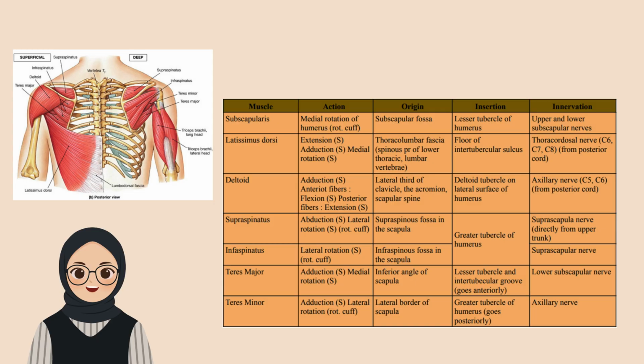And the last is teres minor. The action of the teres minor is adduction and lateral rotation. The origin is lateral border of scapula. The insertion is greater tubercle of humerus going posteriorly, and the innervation is axillary nerve.